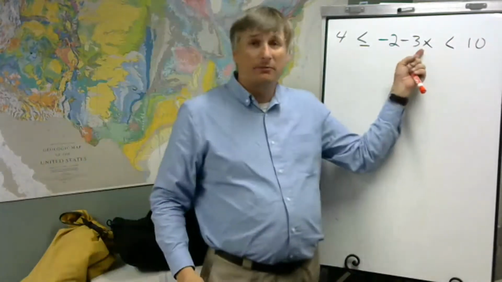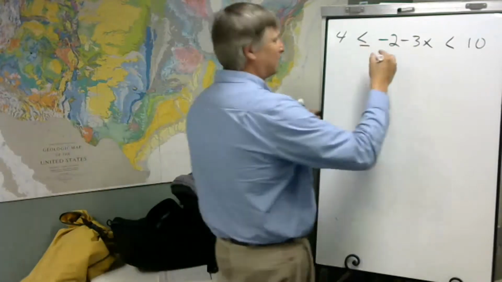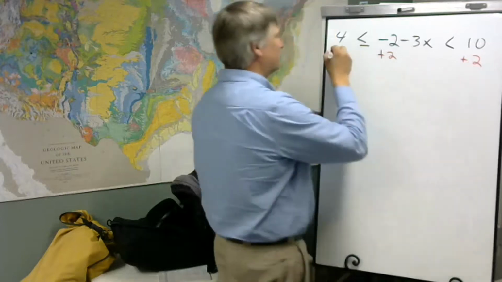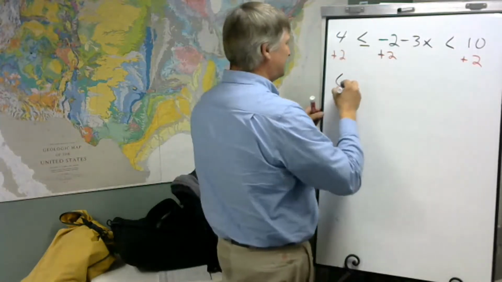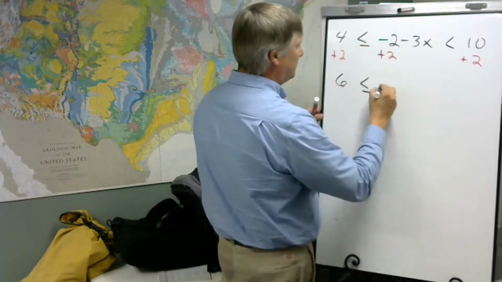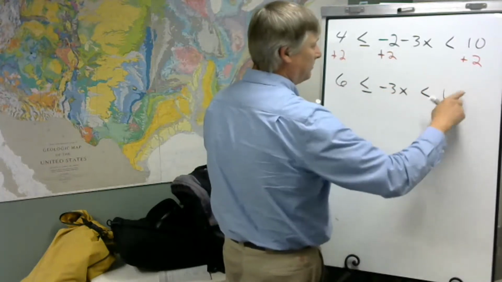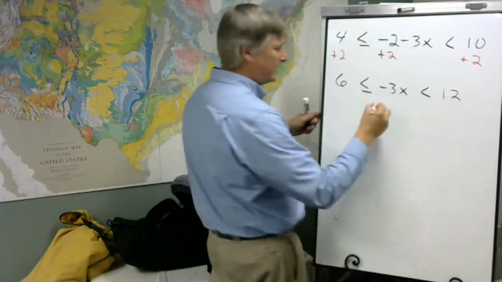Again, we want to solve for x in the middle, so let's add 2 everywhere. So we get 6 less than or equal to negative 3x less than 12. Now divide everywhere by negative 3.